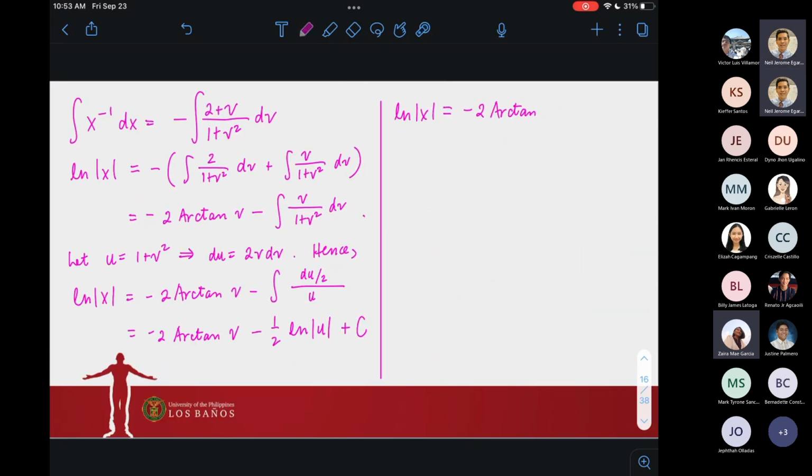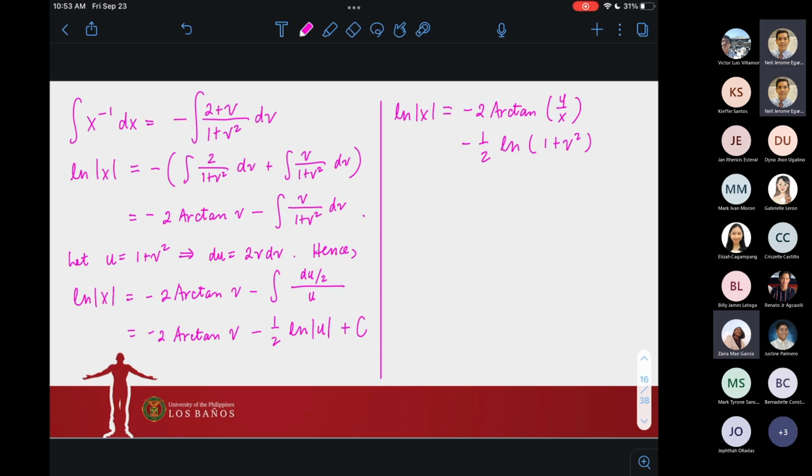So gamitin ko yon. Si v ay equal kay y over x minus 1/2 ng ln ng absolute value ni u, pero si u ay 1 plus v squared lamang. And that's always non-negative, so pwedeng tanggalin ko na yung absolute value bars.